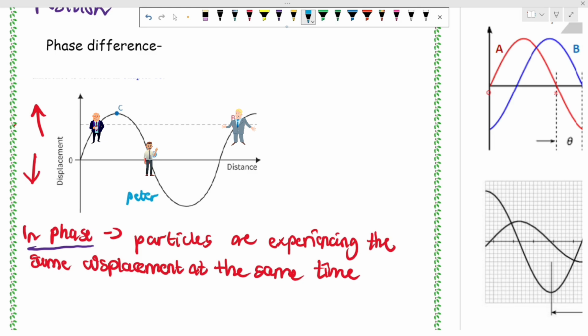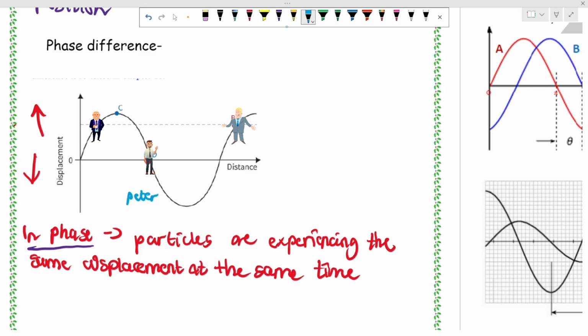As they move up and down, Peter will be moving up when those guys are moving down, and moving down when those guys are moving up. So they're not experiencing the same displacement at the same time. That is what out of phase means.